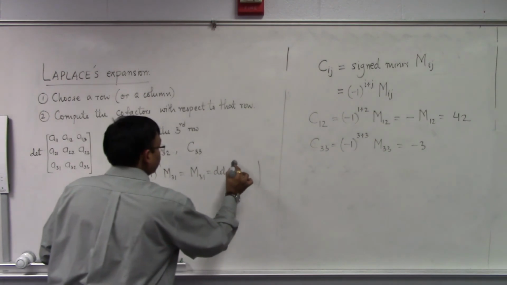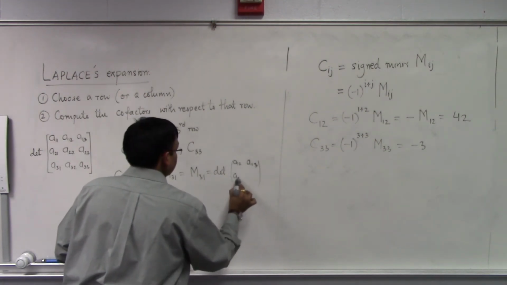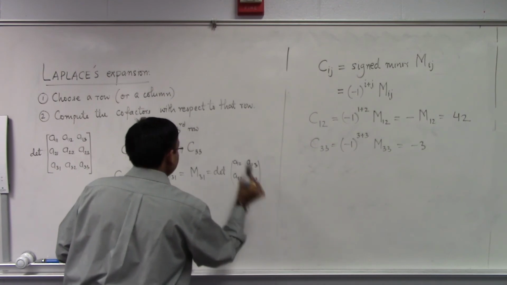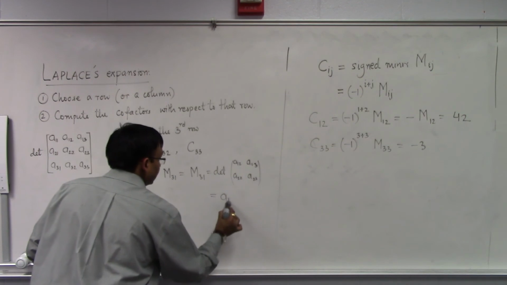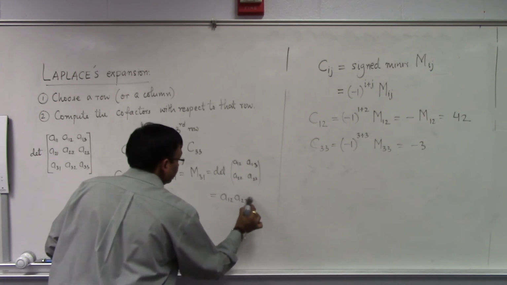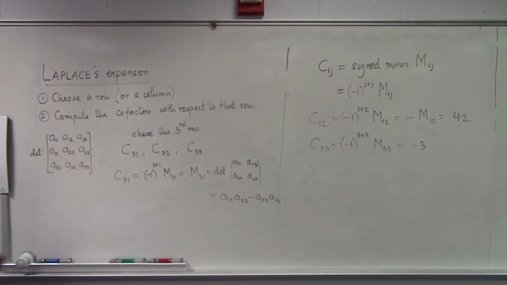So it would be the determinant of A12, A13, A22, A23, which turns out to be A12 A23 minus A22 A13. Likewise, you can get your C32 and you can get your C33.